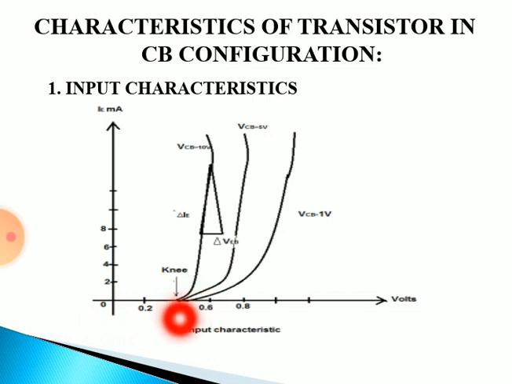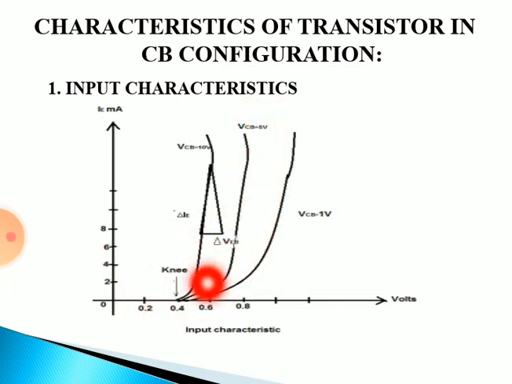The knee voltage for silicon is 0.5 volt and for germanium it is 0.1 volt. After that your current goes on increasing, keeping your VCB constant. It is also seen that whenever you change your VCB, your curve goes on shifting. If for VCB 10 volt the curve remains like this, and if your VCB is changed to 5 volt, the curve will shift.